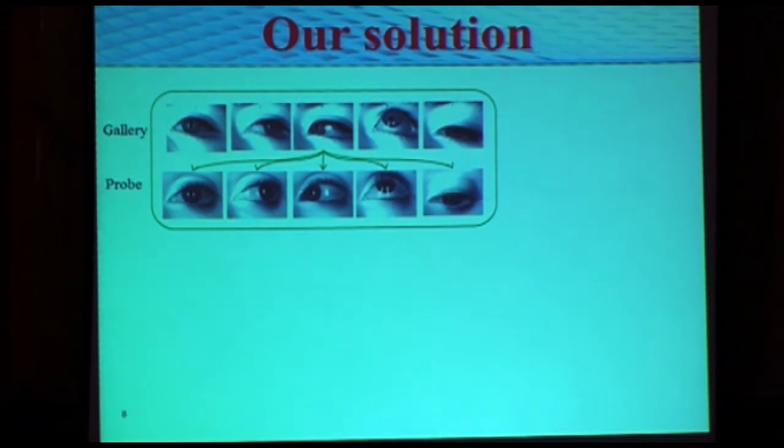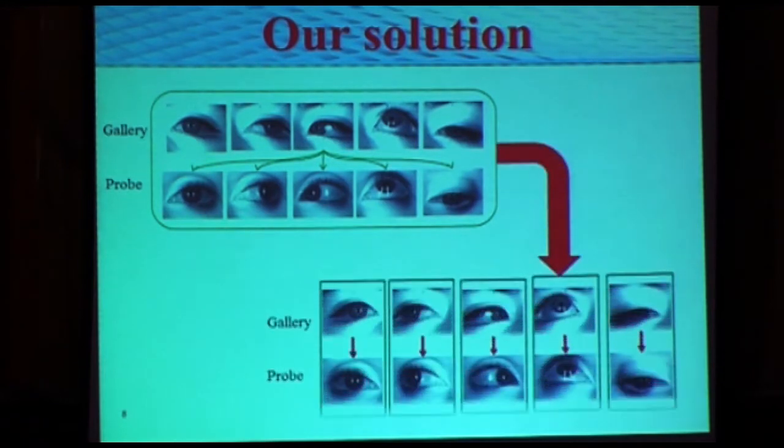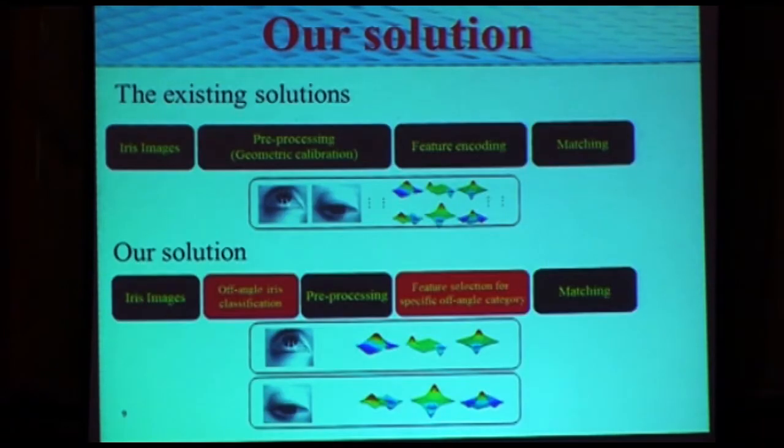Previously, methods such as geometric calibration and feature representation aimed to make comparisons across different off-angle categories. Here, we want to limit the comparisons to the same gaze orientations. We can summarize the idea as divide and conquer. First, I will compare our solution with the existing solutions.